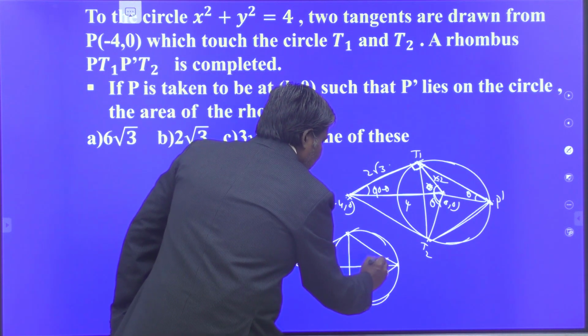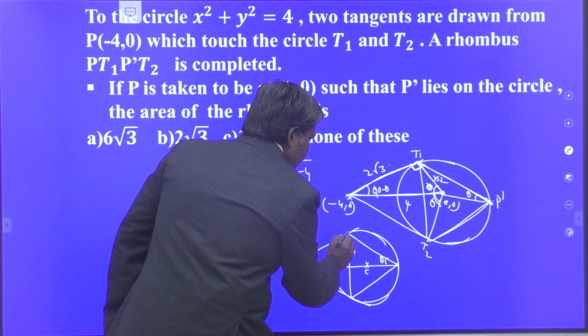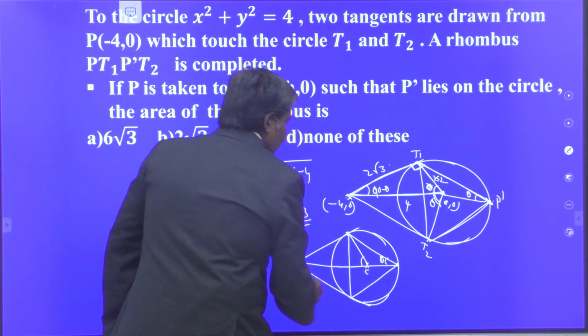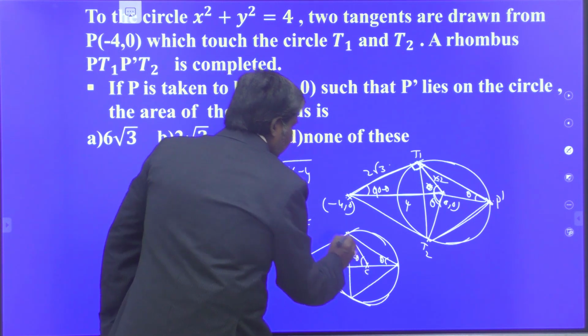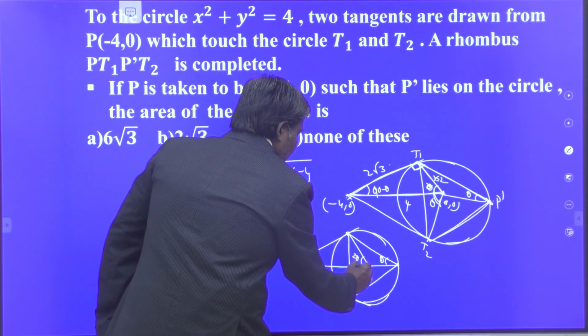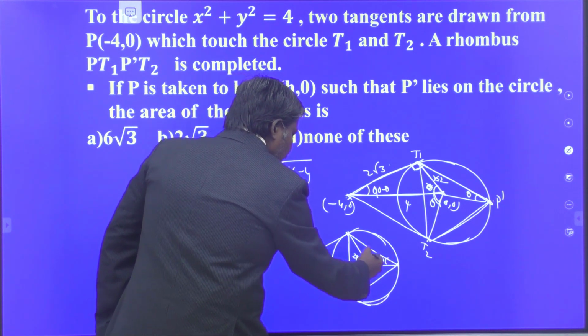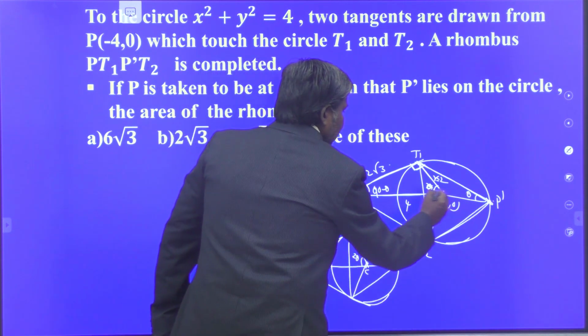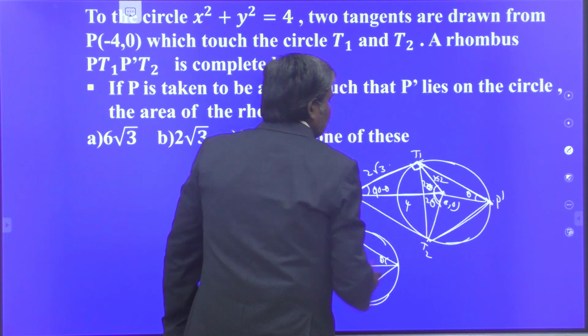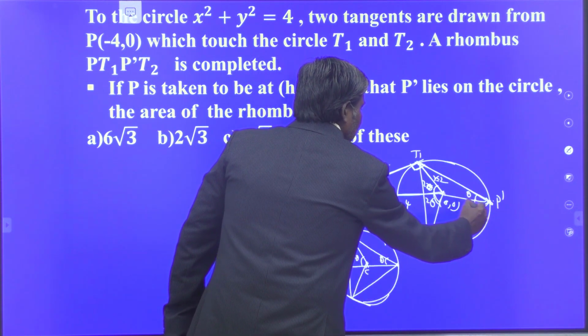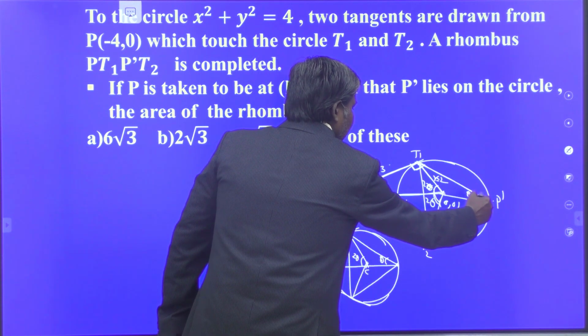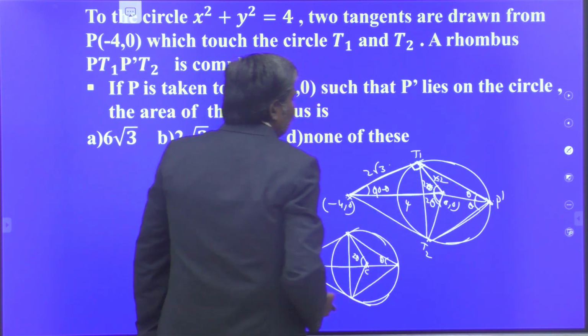If it is theta, this is the center C, automatically this will be 2 theta. The entire thing is theta, that becomes what? Here is theta, this is 2 theta, this is also 2 theta. If it is theta, automatically this will also be theta. If it is entire phi, this will be 2 phi.